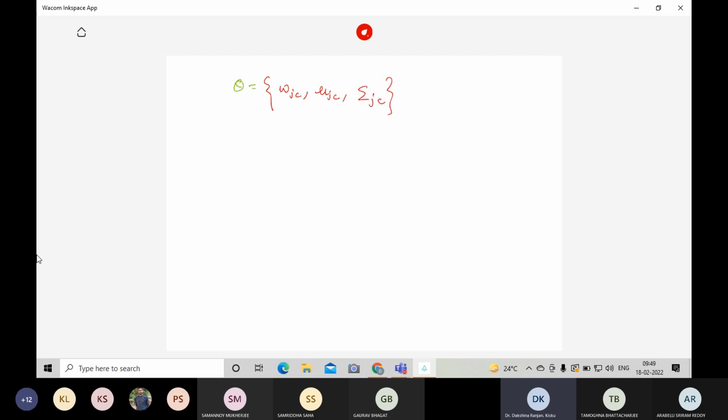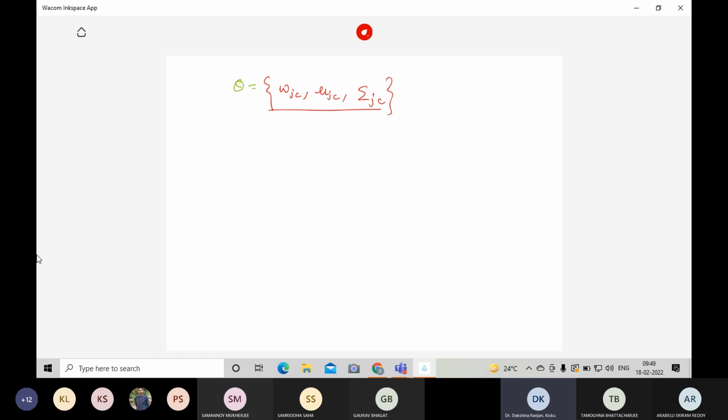Since we are not writing these three model parameters independently, we are taking another parameter theta, which consists of these three model parameters.